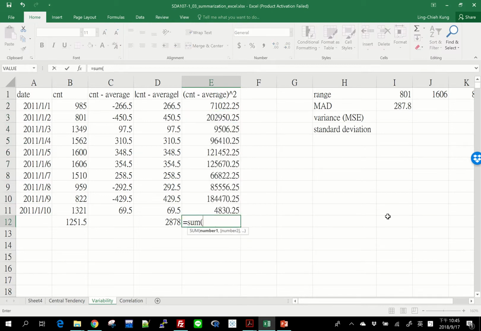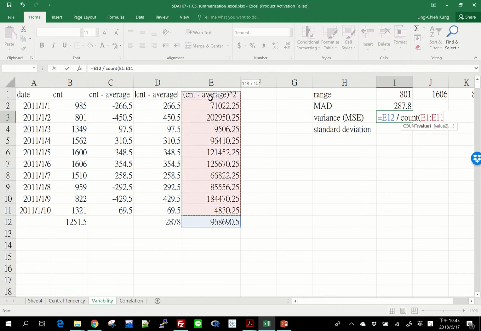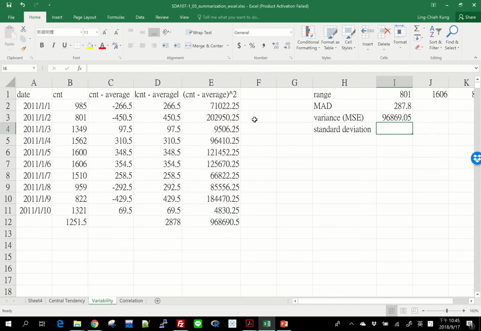I want to sum them up. Okay, so this is my sum of squared deviations. Then all I need to do is to take this number divided by the number of values I have. So this is my variance.